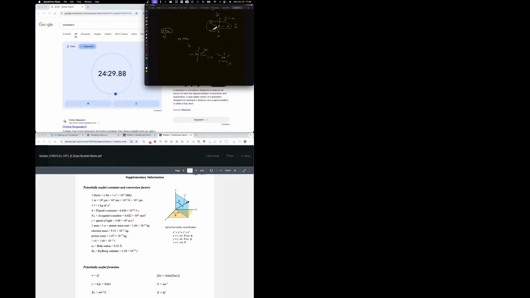Would we want to have a double bond here? I don't know if we'd want a double bond here. Does it make a difference? 1, 2, 3, 4, 5, 6, 7. That means this has a formal charge of positive 1. So in fact, we actually would want a double bond on here, right?